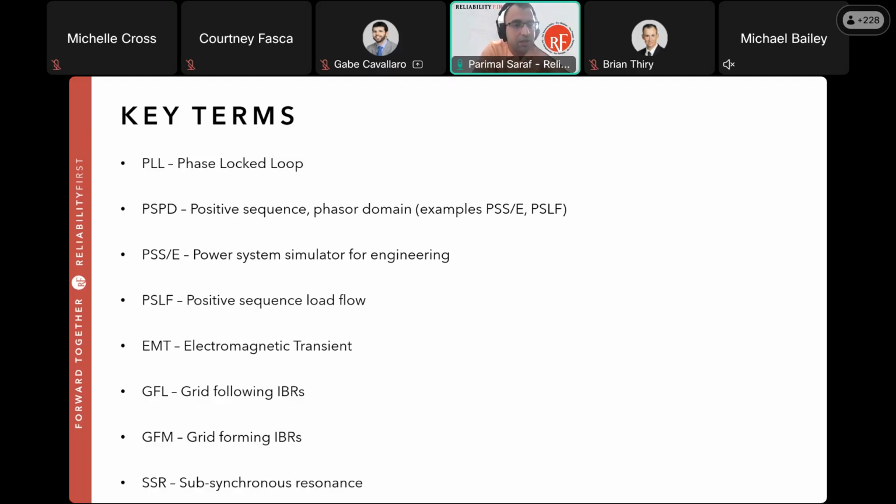And EMT, which is the other type of simulation philosophy, is a short form for electromagnetic transient. It is a more detailed simulation platform where you can get more granularity in terms of what you want to see in terms of the phenomena.